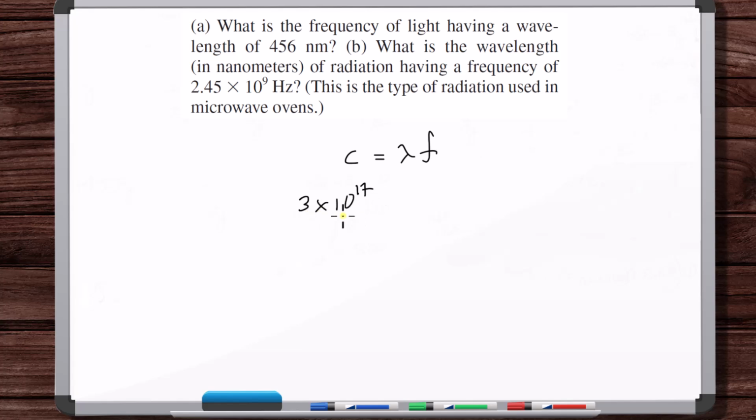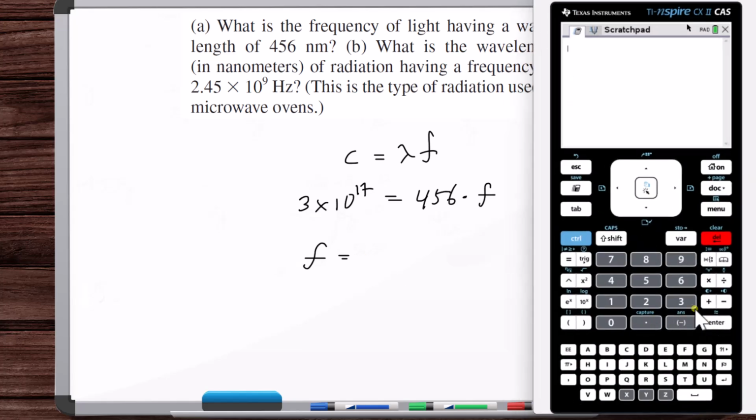So I'll just leave the nanometers per second off. And so now the wavelength, we've got 456 nanometers. And now we're wanting to solve for the frequency. So the frequency is 3 times 10 to the 17th divided by 456.